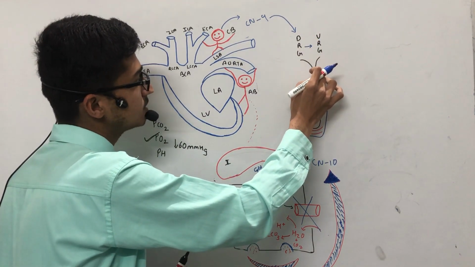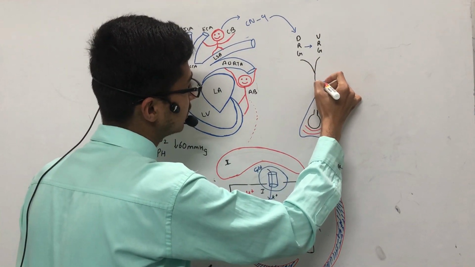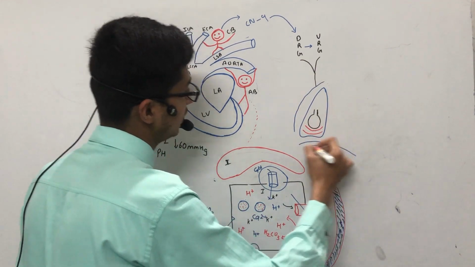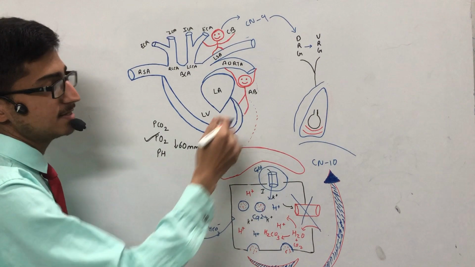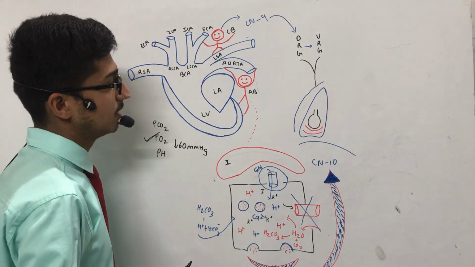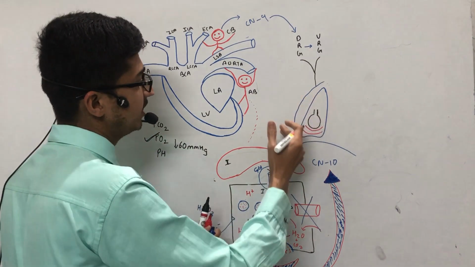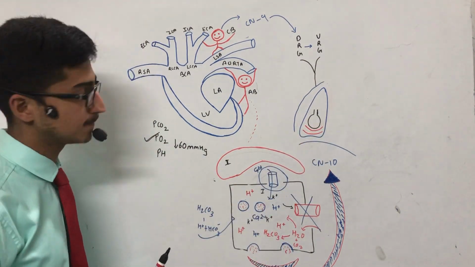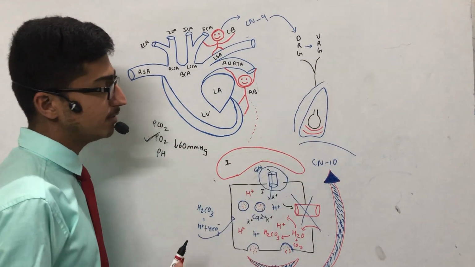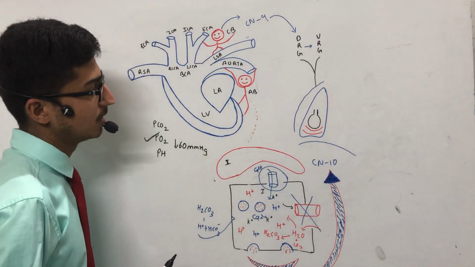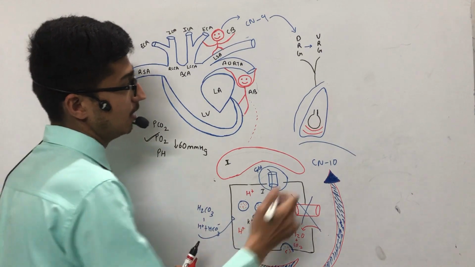Both of these will stimulate the muscles outside the lungs, that is the diaphragm and external intercostal muscles. It will increase the activity of both of these muscles by the phrenic nerve and by activating T1 to T11 nerves.